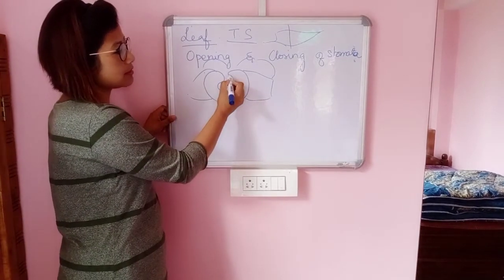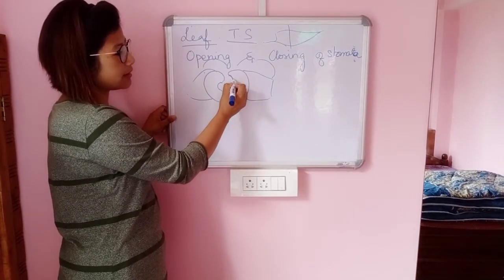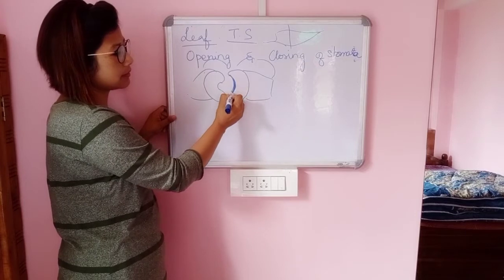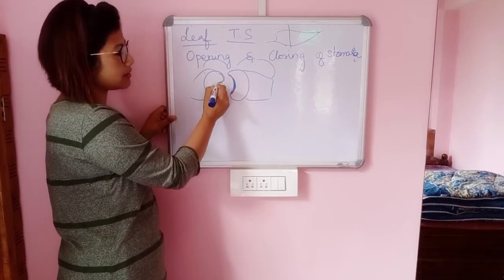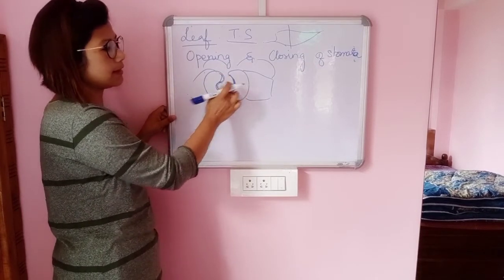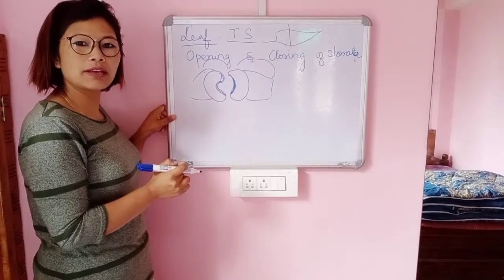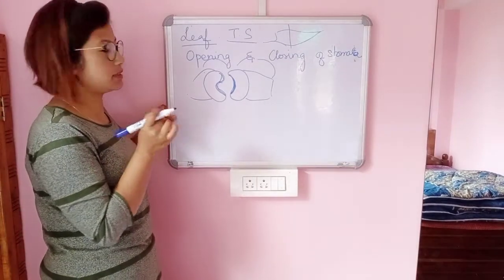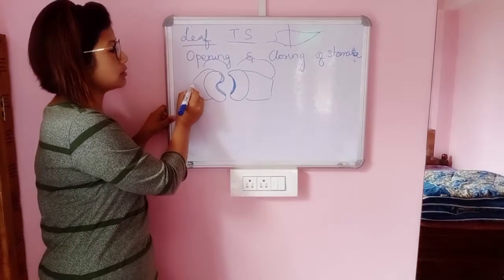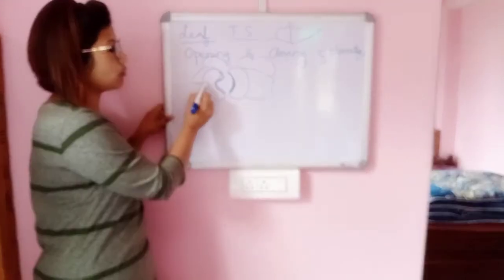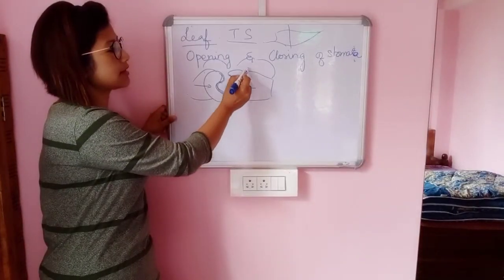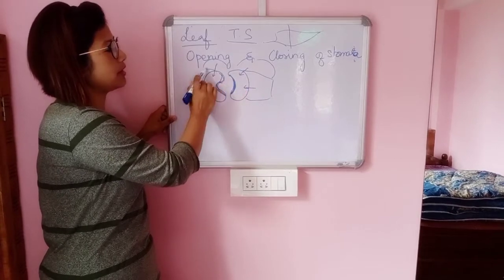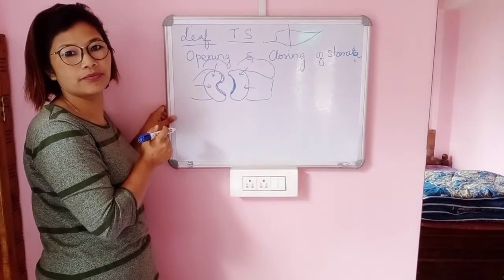So what happens during the daytime is, the inner part of the guard cells is thick, and the outer wall of the guard cells is thin. During the daytime, water, by the process of endosmosis, enters inside the guard cells from the adjacent cells.